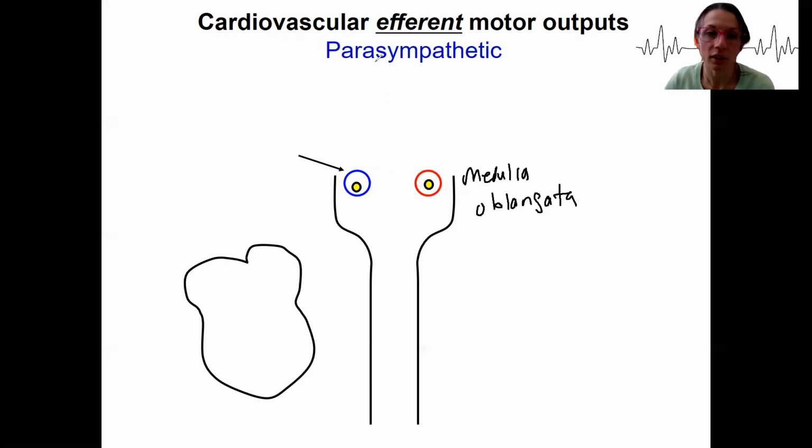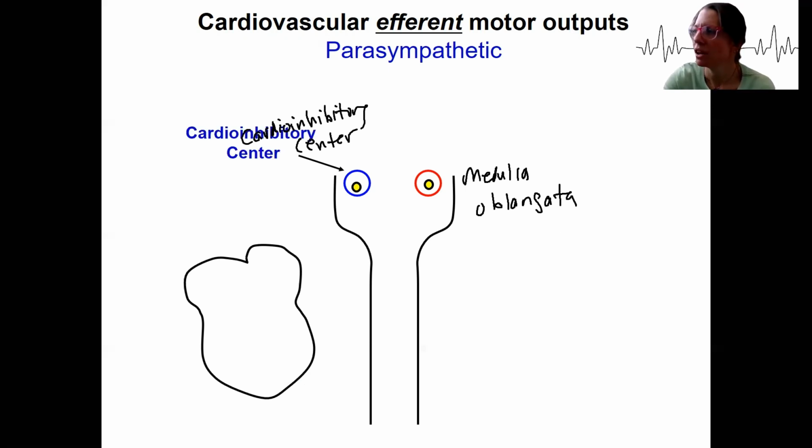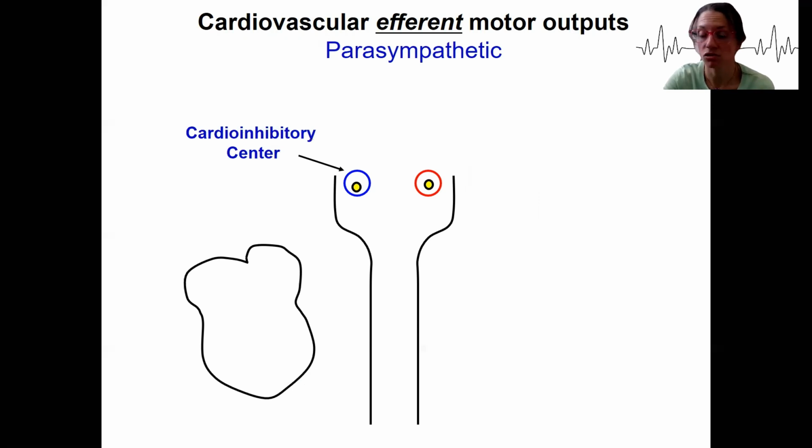This one in blue here is a parasympathetic, because it can control the parasympathetic nervous system. This is called our cardio-inhibitory center. That name kind of makes sense, right? And actually, I think I have that pop up here. Yep, there it is. Cardio-inhibitory center is just a region in the medulla oblongata.